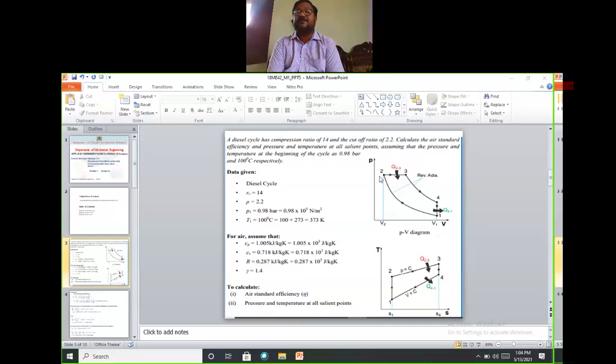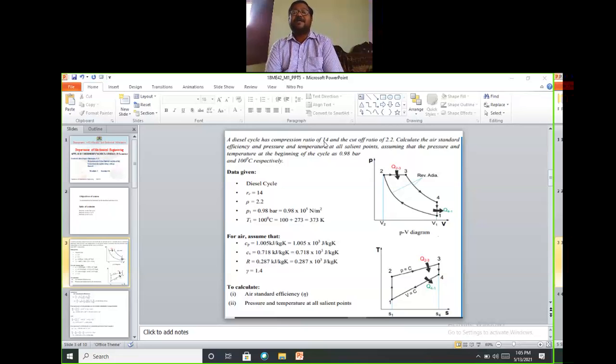This is the clearance volume. The volume remaining inside the cylinder is called the clearance volume. I already explained this point earlier.